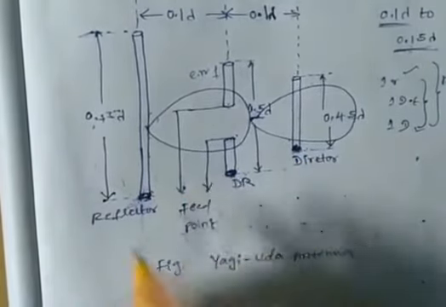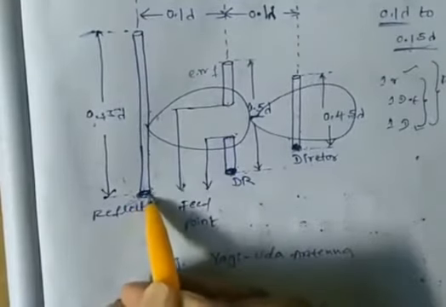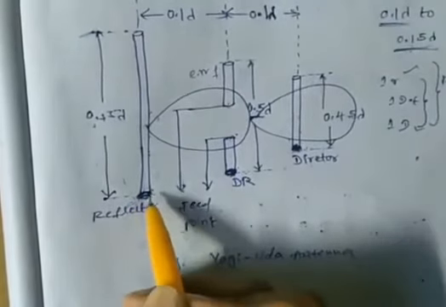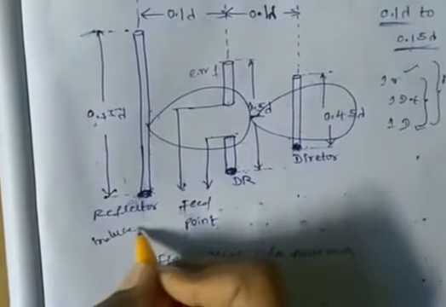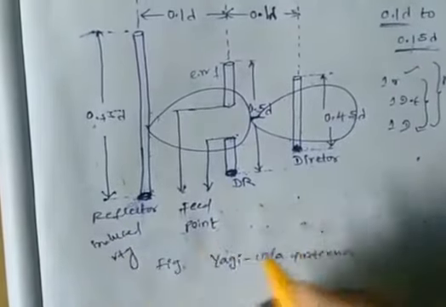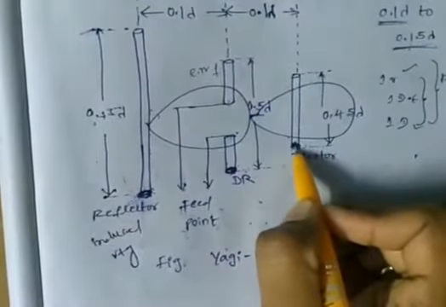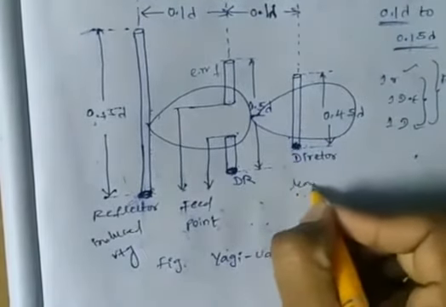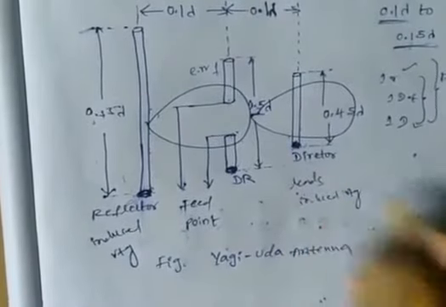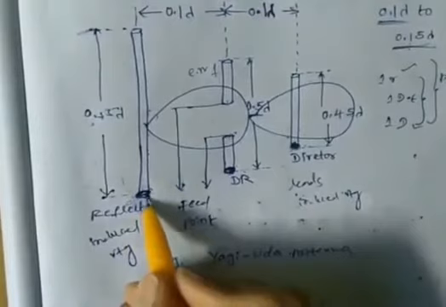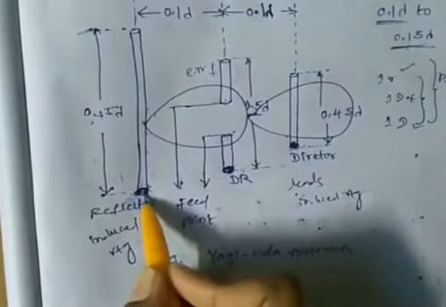Okay, due to that, whatever the current flowing in the reflector, that current lags the induced voltage, and whatever the current in the director, that current leads the induced voltage. It means the reflector acts as inductive.